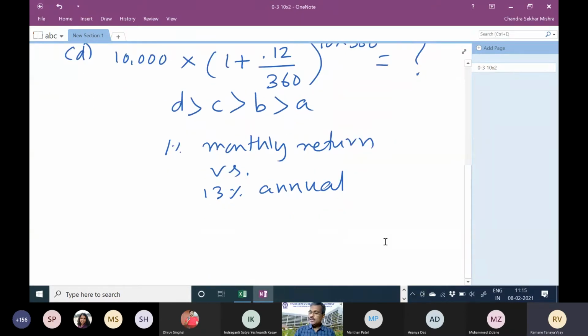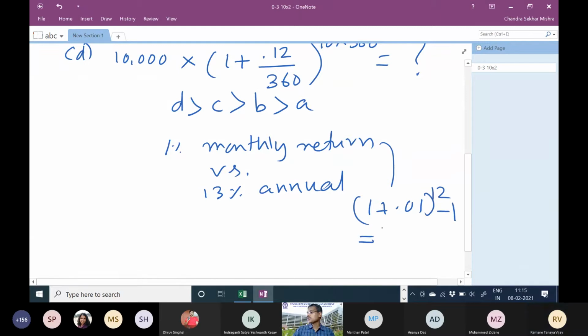So this will be effectively how much? 1 plus 0.01 to the power 12 minus 1. How much does it come to? 1.1268 minus 1, so 12.68%.